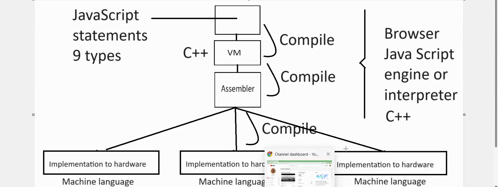Okay, the JavaScript engine compiles, translates or interprets from JavaScript statements to virtual machine instructions. For example, for every JavaScript statement there may be 100 instructions in the virtual machine.